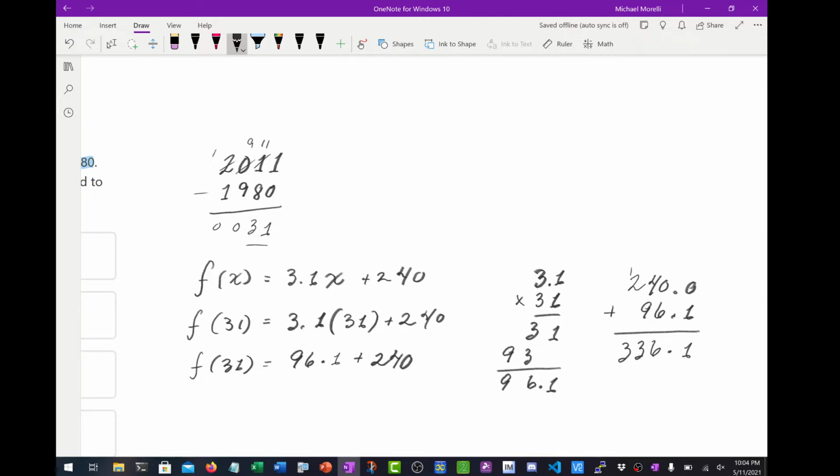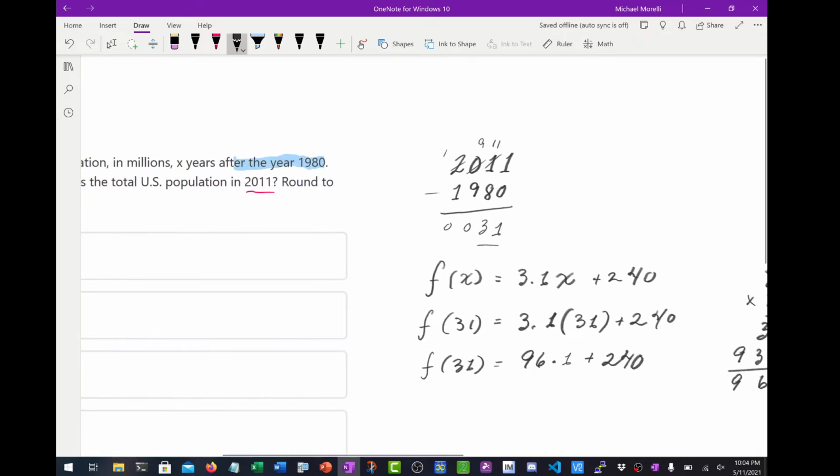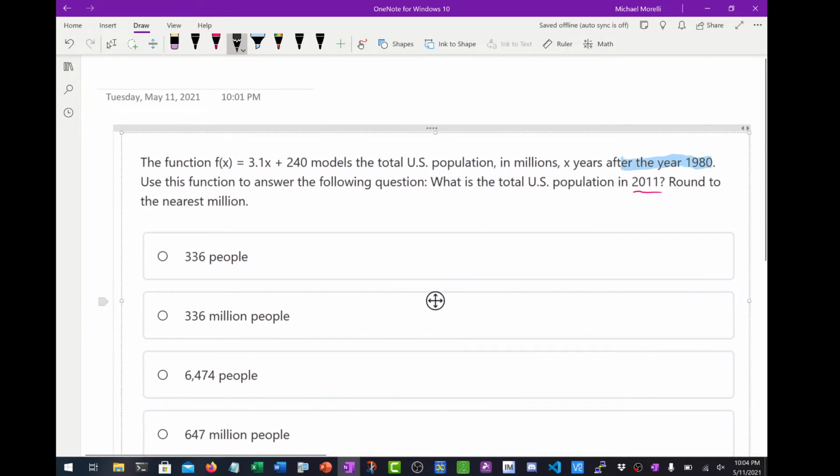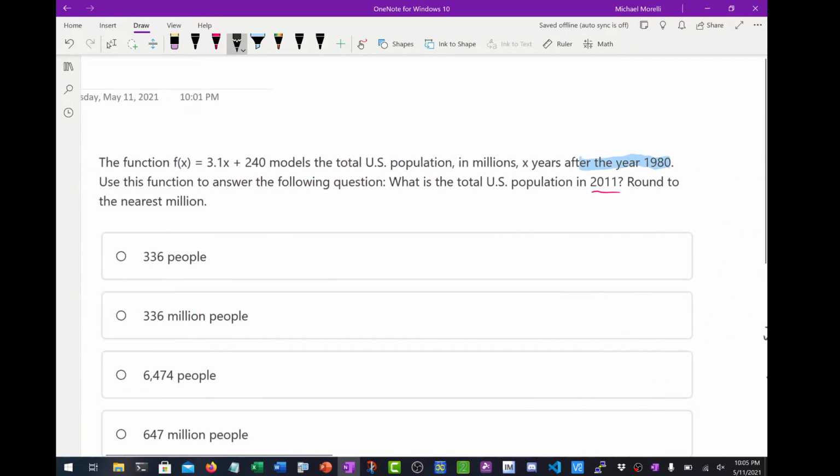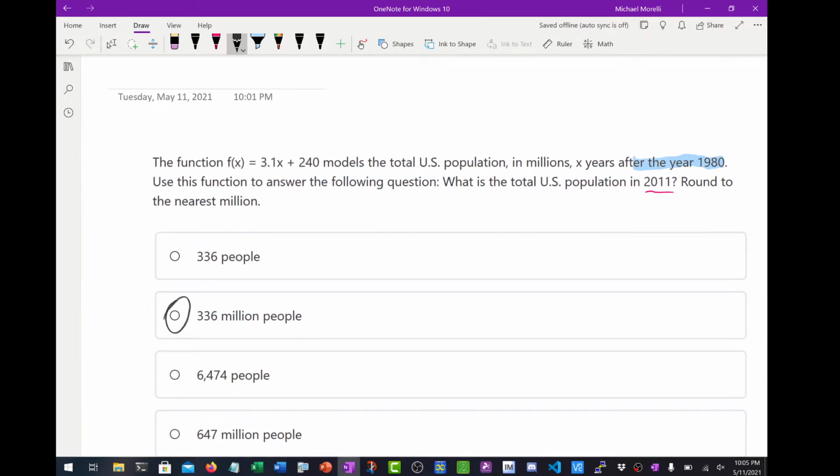So 336.1. And it's asking us to round to the nearest million. And this is 336.1 million. So we would say that this is about 336 million people. Let's go and see if that's an answer choice. That's what I would pick. I would say it would be 336 million.